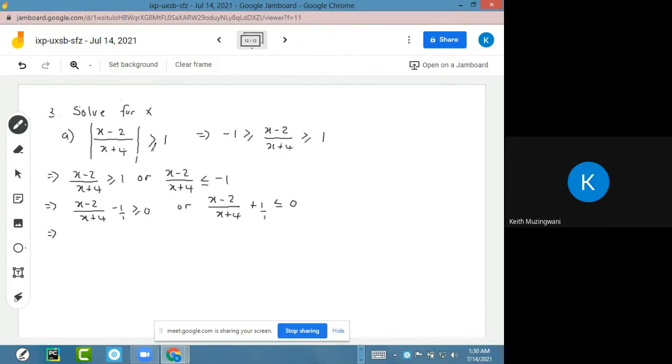So let's now finish the first piece. x plus 4, and then this will give us x minus 2 minus x plus 4 greater or equal to 0. Simplify, it will be x minus 2 minus x minus 4 over x plus 4 greater or equal to 0, giving us negative 6 over x plus 4 greater or equal to 0.